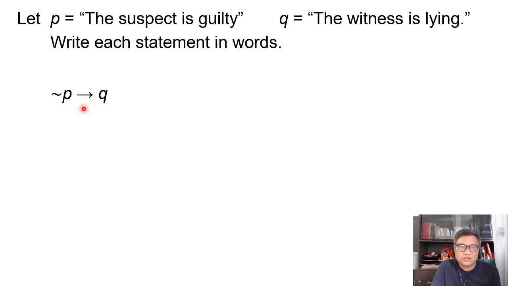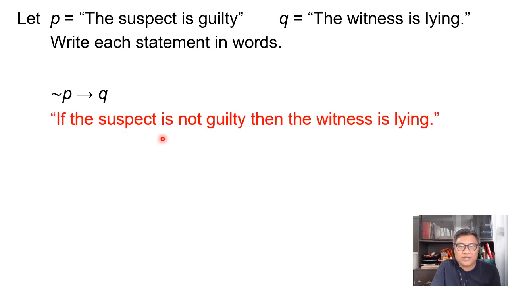This is your conditional, so it is if not P, then Q. Your P is "the suspect is guilty," but since it is negated, you put the word "not." It would now be: if the suspect is not guilty, then the witness is lying.